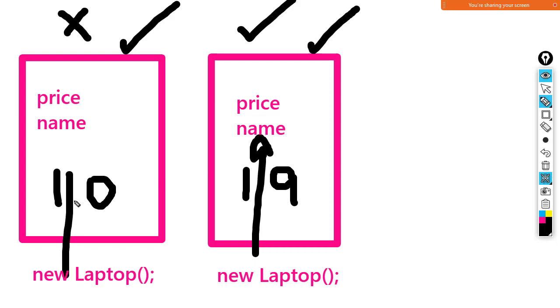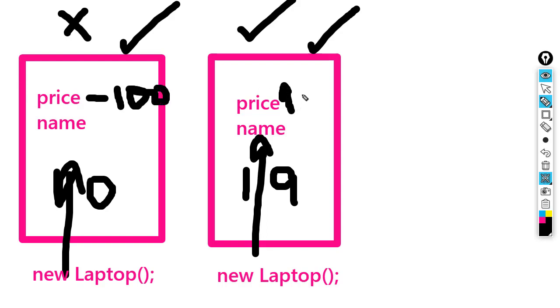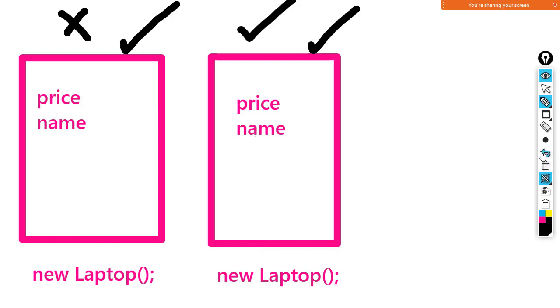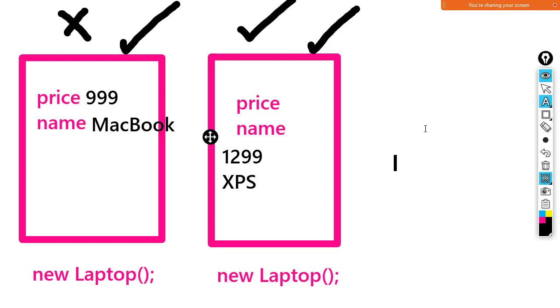So this will have the value that I specified, for example 999 and name MacBook, and on the other hand this has the price 1299 and, say, the name XPS. So these two things have their own different set of values.